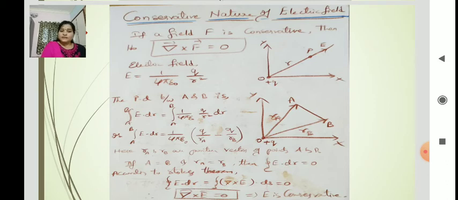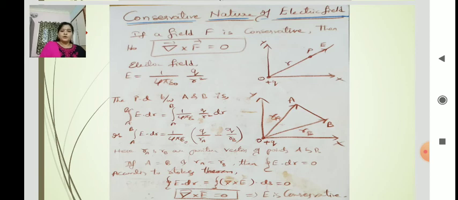Therefore curl E is equal to 0. If curl E is equal to 0, then such a force or field is known as conservative. This is how we prove that the electric field is a conservative field.